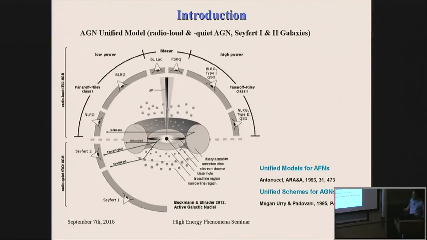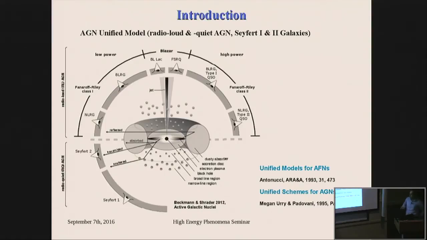Seyfert 1 galaxies are very bright in X-ray and ultraviolet observations, while Seyfert 2 galaxies are very bright in infrared observations. This suggests that we are seeing Seyfert 1 and Seyfert 2 from different inclinations with respect to the line of sight. Seyfert 1 we are seeing from low inclination, while Seyfert 2 we are seeing from high inclination.